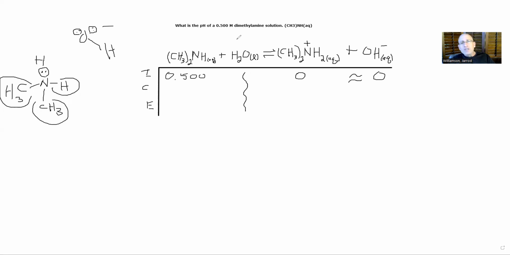That means the reaction is going to have to initially go this direction. That means this will be minus x, plus x, and plus x. And then at equilibrium, we will have 0.5 minus x, 0 plus x is x, 0 plus x is x.